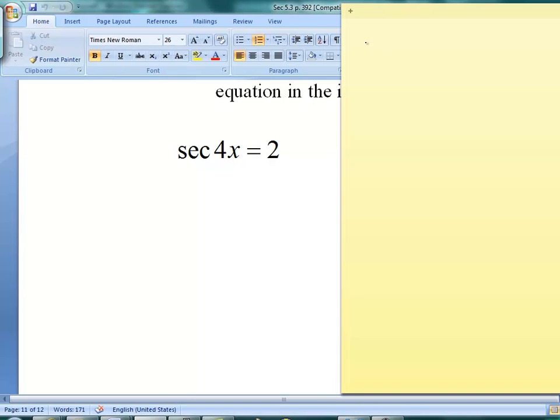So set 4x equals 2. My first gut reaction would be to make this a cosine function, and so I get 1 over cosine 4x is 2. Flip it over, and I get cosine 4x equals a half.